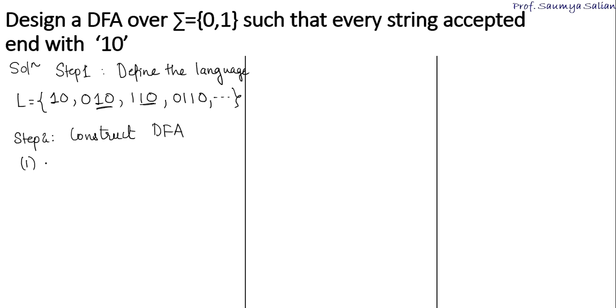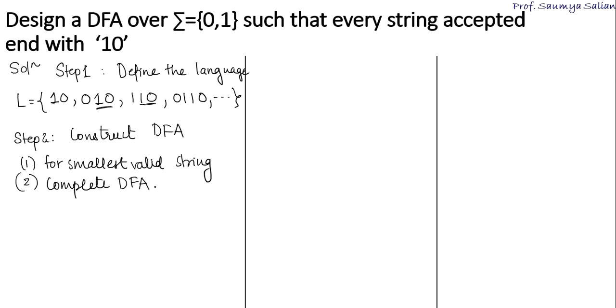First step, I'll begin my construction for the smallest valid string. So I begin my DFA construction for the smallest valid string, that is 1 0. Next step is to complete the DFA by responding to all the inputs at every state.